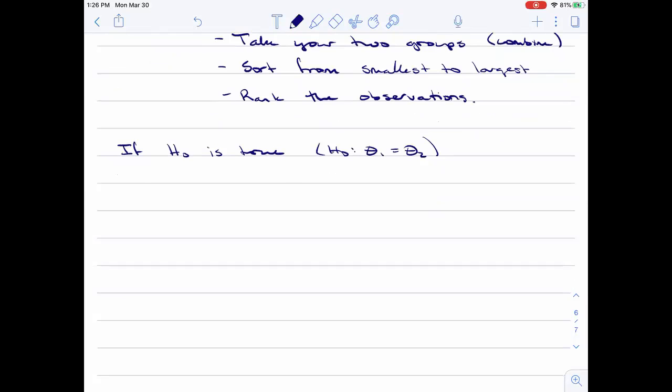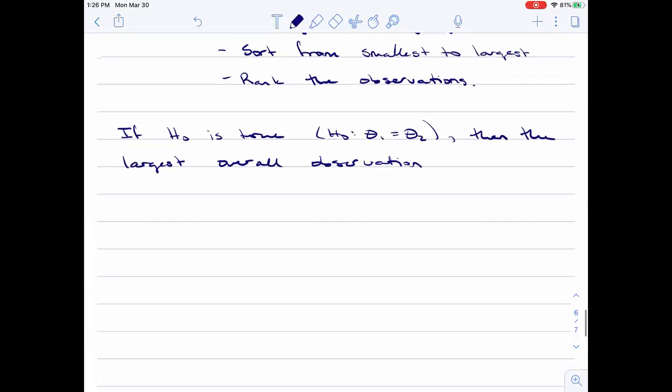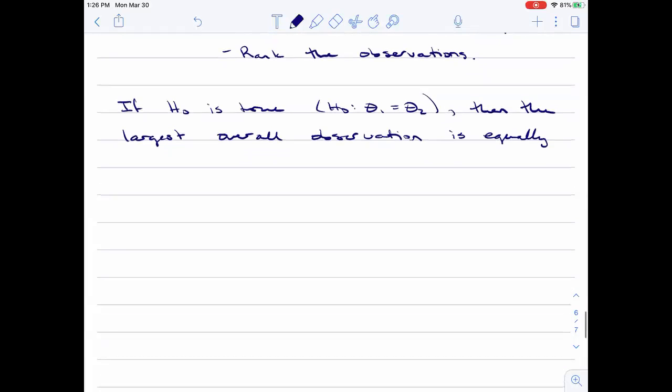If H naught is true, then the largest overall observation is equally likely to have come from either group.